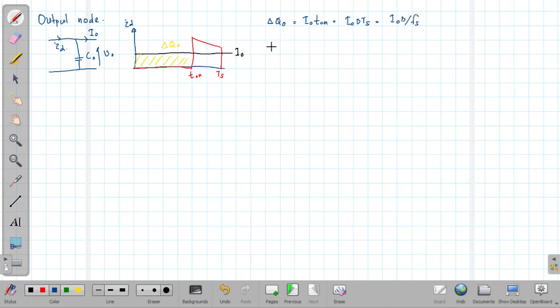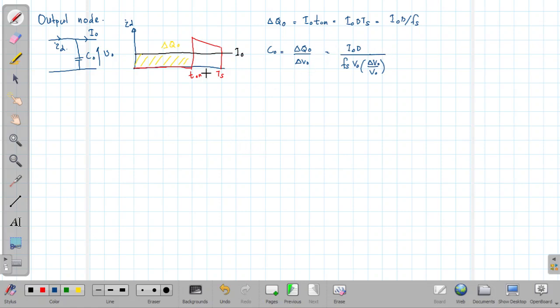Therefore we can write C out as delta Q out over delta V out, where delta Q out is I out D over Fs, and delta V out is V out times delta V out over V out. So that's the output capacitance expression.